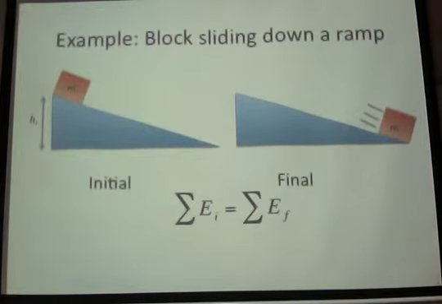Initially, our object, our mass, the block here, is up high. It has the potential to fall down or to slide down. That goes along with our description for gravitational potential energy. It's not moving up there, so it doesn't have any kinetic energy.